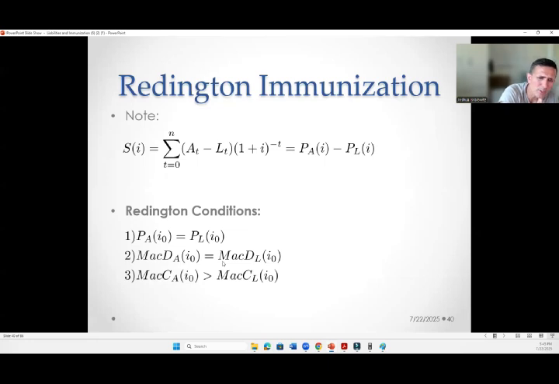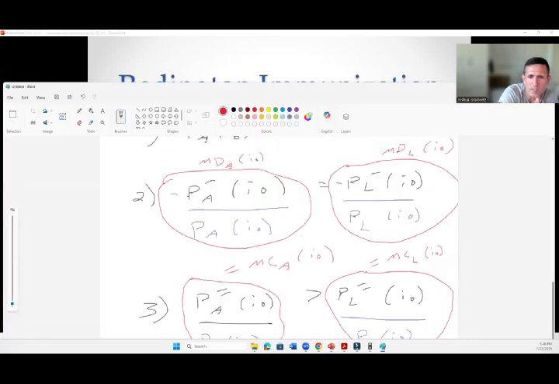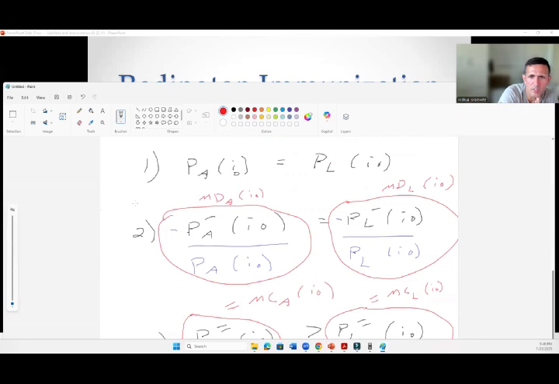What's a lot more interesting, well, at least this part, 1 and 2 is not interesting, because here I can just do something kind of dumb and multiply by 1 plus i to get Macaulay duration.